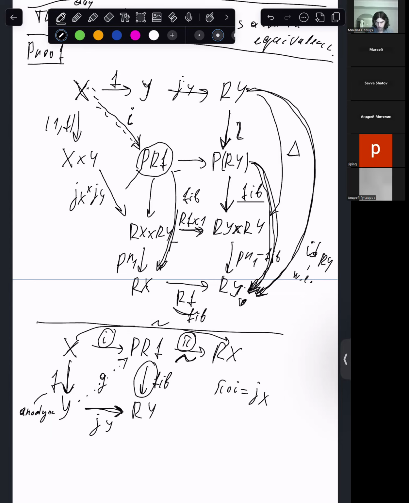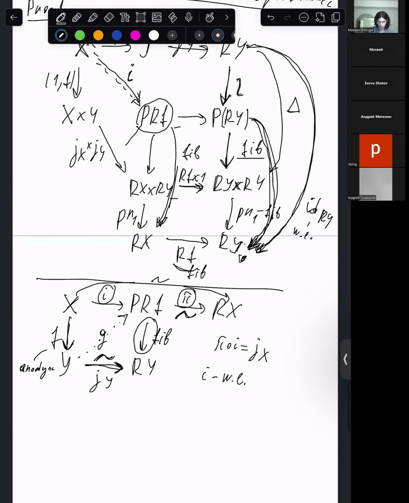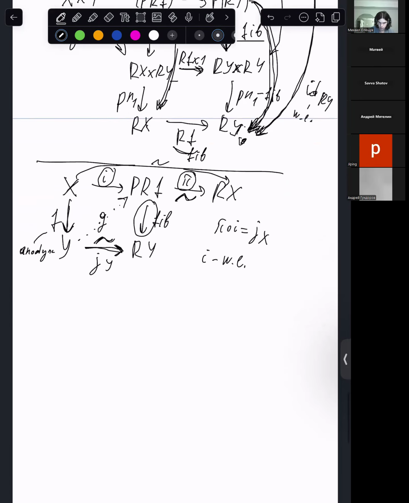So by the two-out-of-three property again, I is a weak equivalence. Also, we know that JY is a weak equivalence. So let's take a look at what we get.